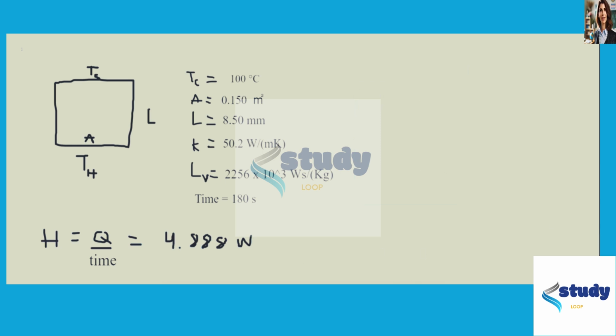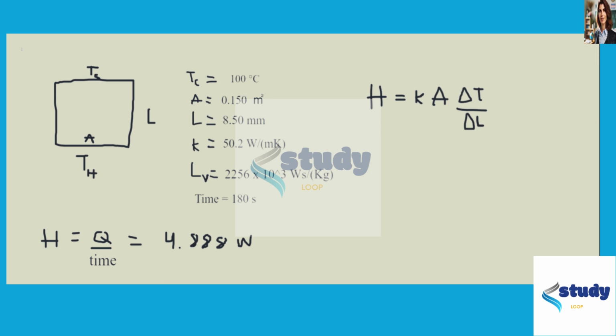Now we just need to write the equation for the heat flow in terms of the difference between the temperature. So this will be the heat capacity and the area, delta T over delta L. And we know everything here.